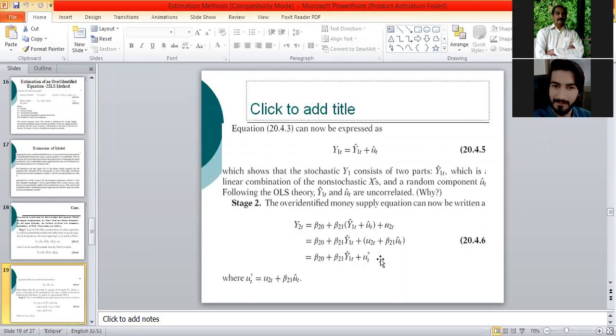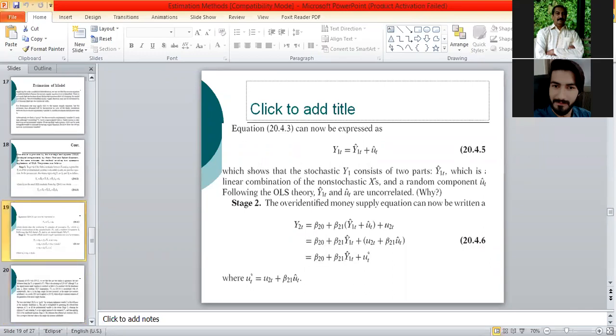So this is the modified equation obtained after replacing the original Y1 with the estimated Y1. This is the second stage, where we apply ordinary least squares.